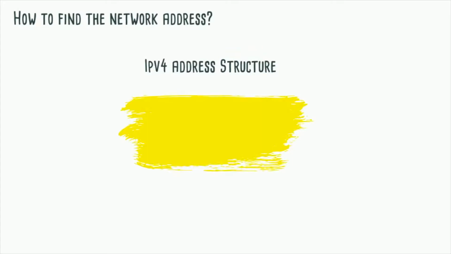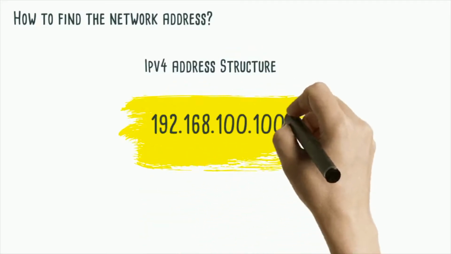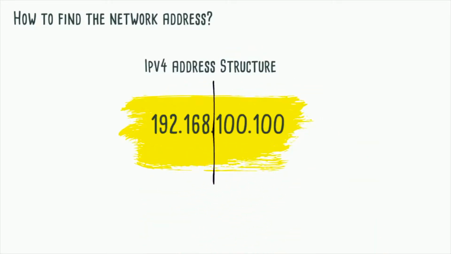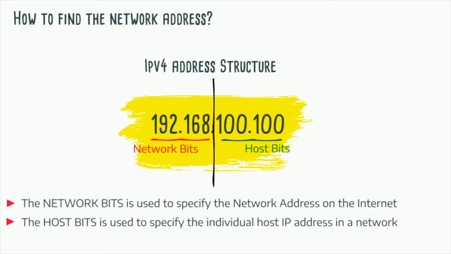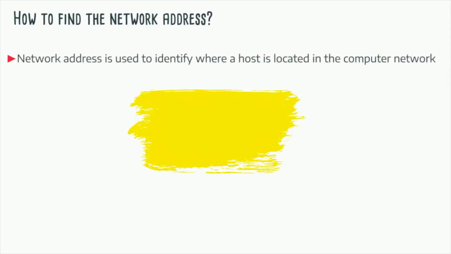So, this is an IPv4 address assigned to a host. In every IP address, it can be separated into two sections, which are the network bits and the host bits. Now, this is a network address.